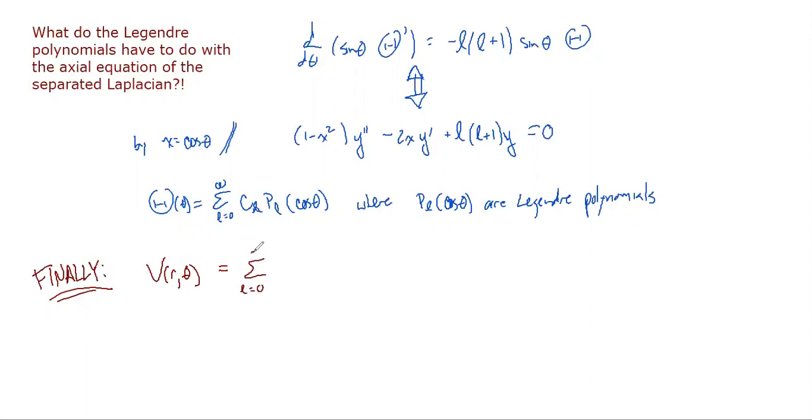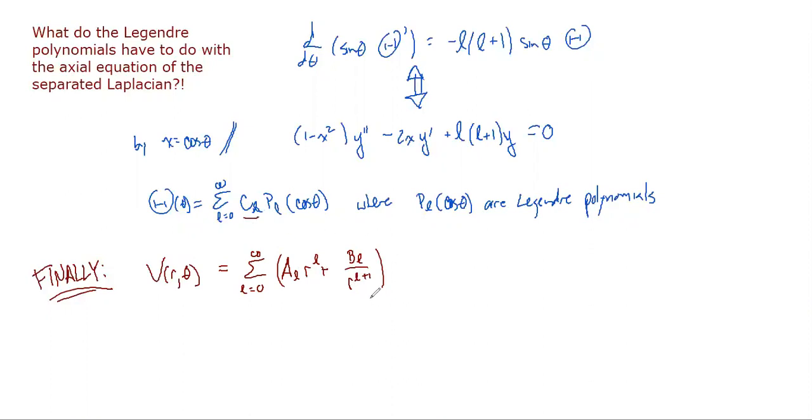Remember, the L is the same for both the radial and the axial equation. On the A's and the B's, the subscript just says which one are you. So that's the radial piece.